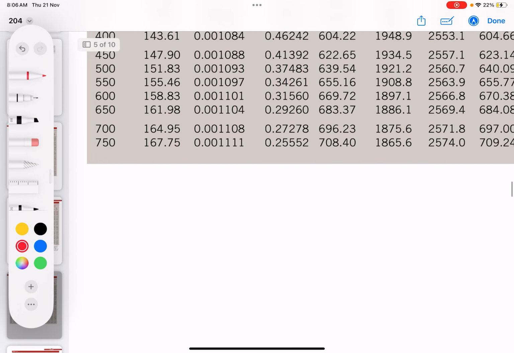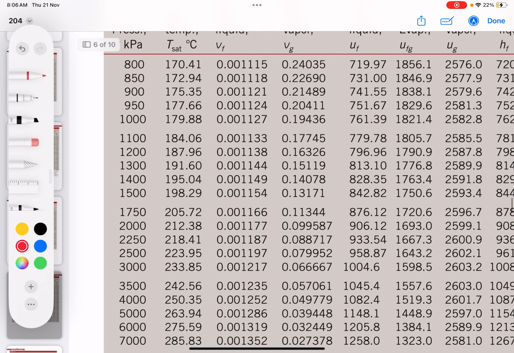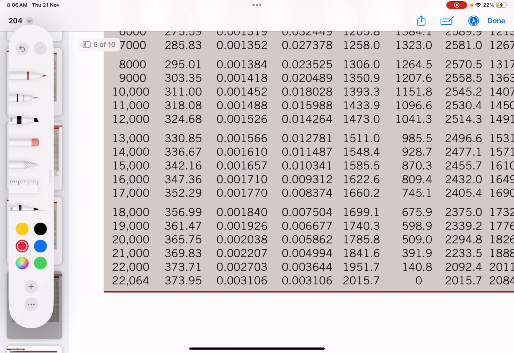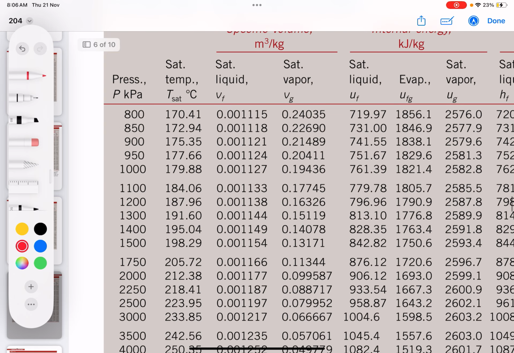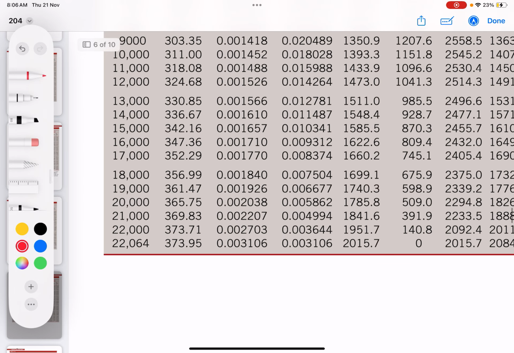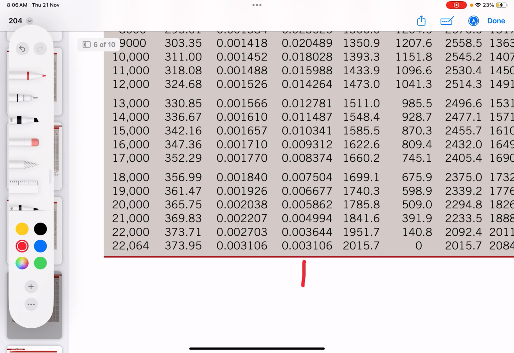Hold on, 0.004626. Going up here, saturated vapor, because it's given in the question that state 2 is in the phase of saturated vapor. So I need to use this column. So 0.004626, most probably somewhere around this area, in between this one and also this one.